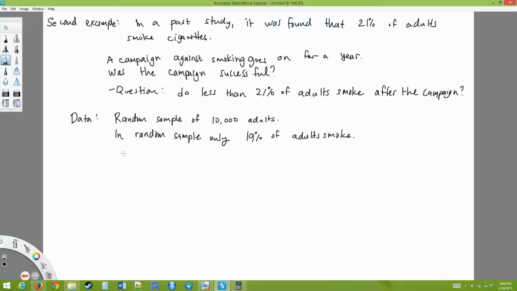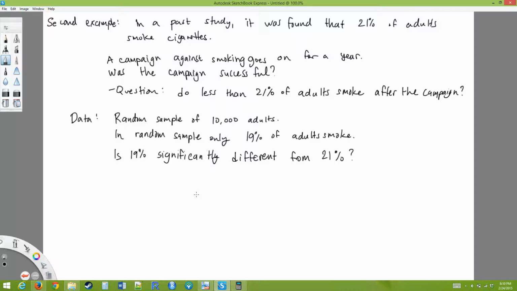Okay, so the question is, is 19% significantly different from 21%? That's the question that we have. But this time we're not looking at a random sample of 200. We're looking at a random sample of 10,000 adults. Okay, so what do you guys think?